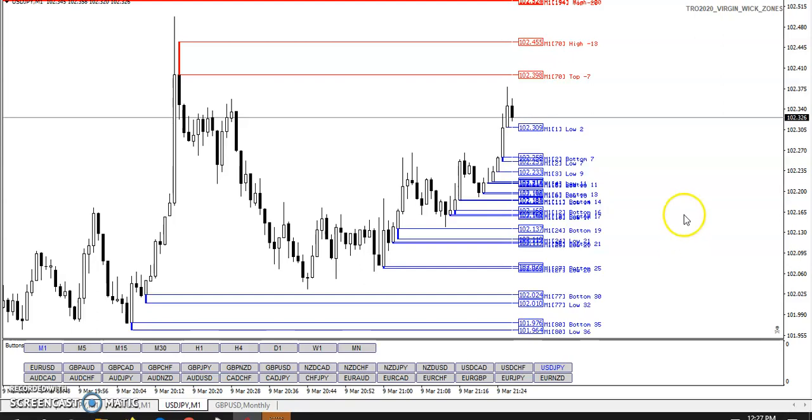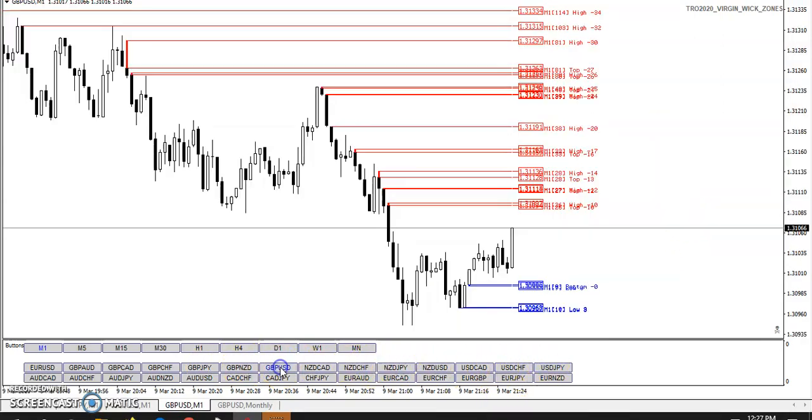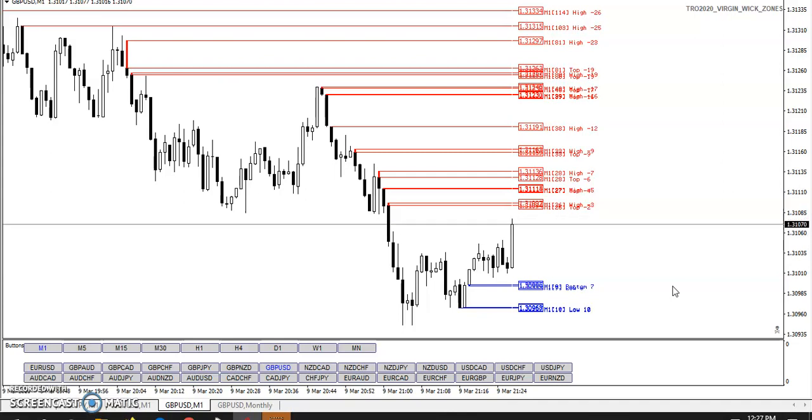So anyway, if you want to, we can look at the pound, because we were doing some wall mall trades. And here we go right here. Looks like price wants to go and hit that virgin wick zone on the M1.